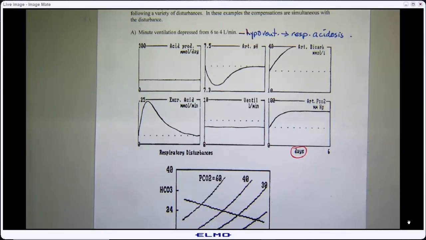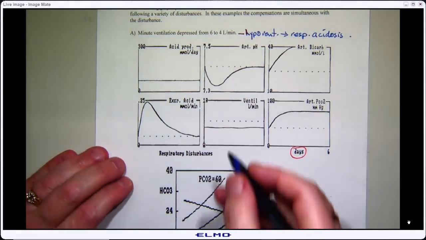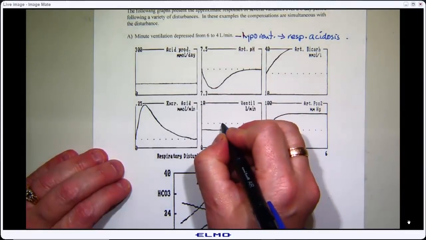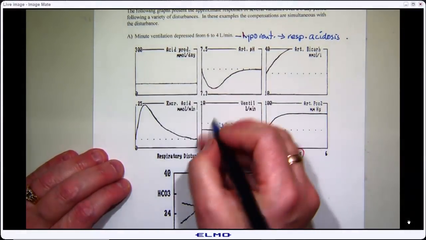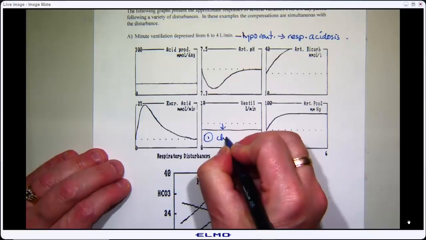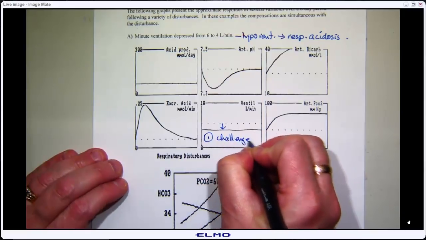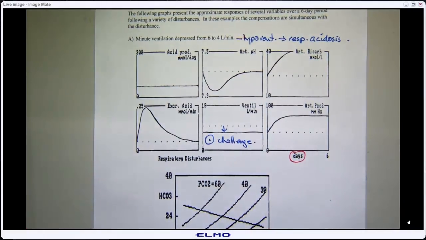So the problem with respiratory acidosis is a drop in ventilation. We've got a graph here that indicates exactly what the challenge is: decreased ventilation. So at the end of the day, how does that disrupt homeostasis?